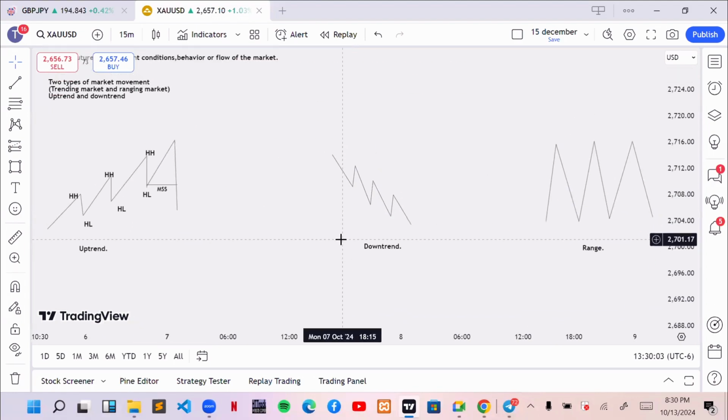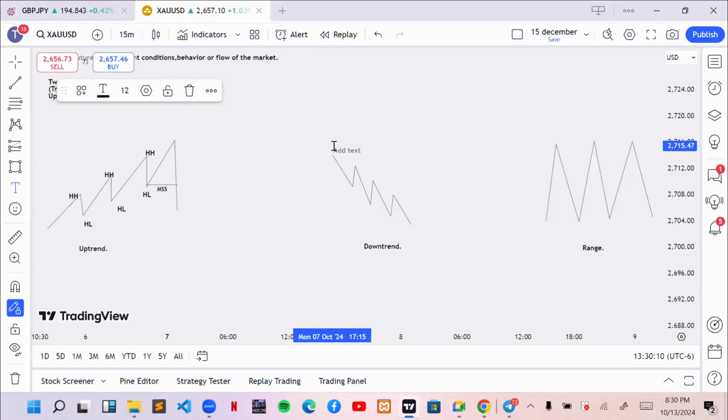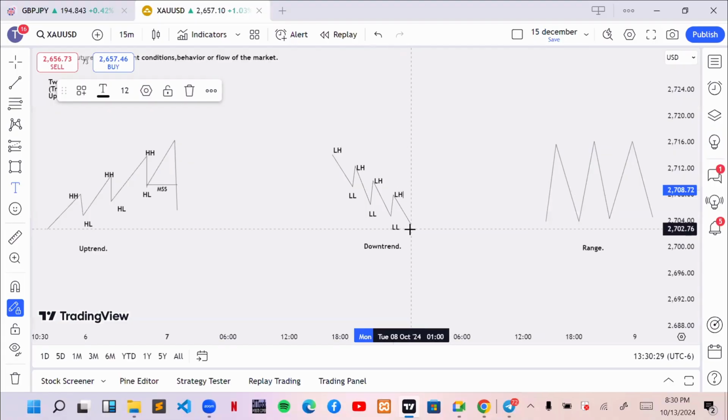Same thing when the market is in a downtrend. You can see the downtrend is a series of lower highs and lower lows. So this is a lower high, and then this is a lower low. You see a lower high, a lower low, a lower high, a lower low, a lower high, then a lower low here.